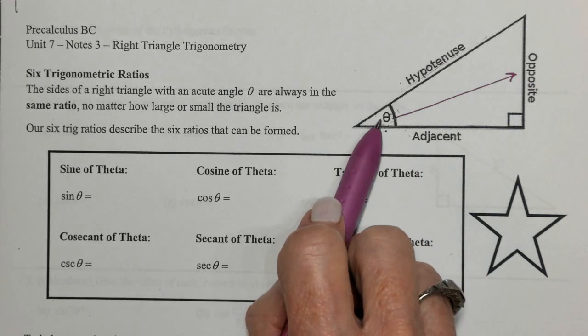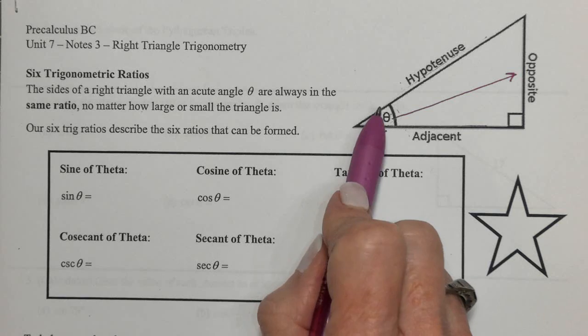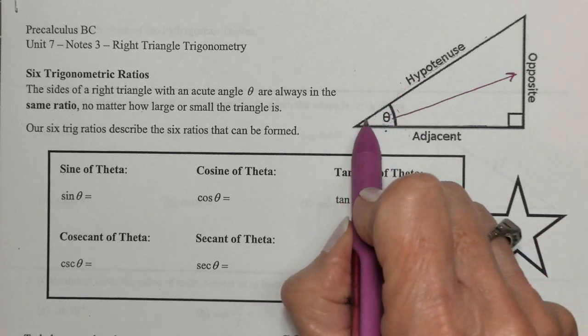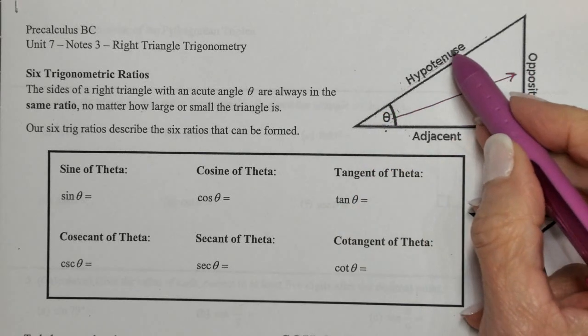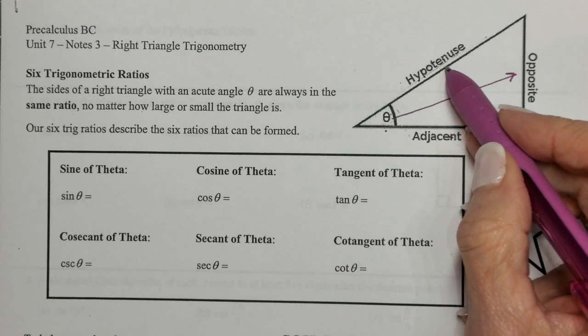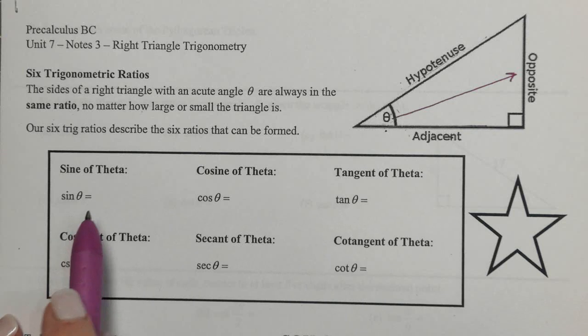If theta remains the same, 30 degrees, 45 degrees, whatever it is, I don't care how big you make this triangle, whether you make it tiny or huge, the ratio of the adjacent to the hypotenuse will always be the same.